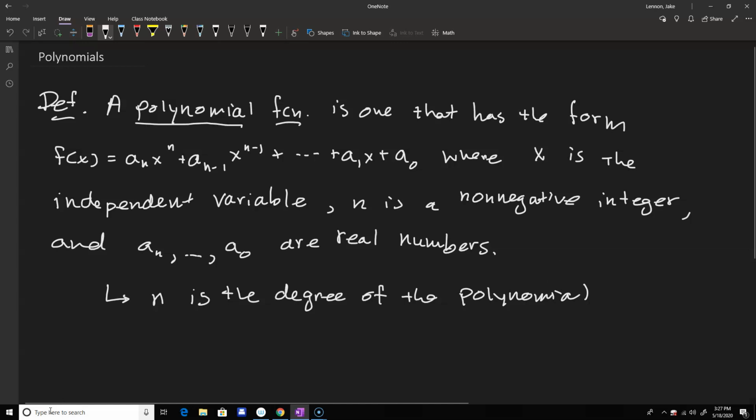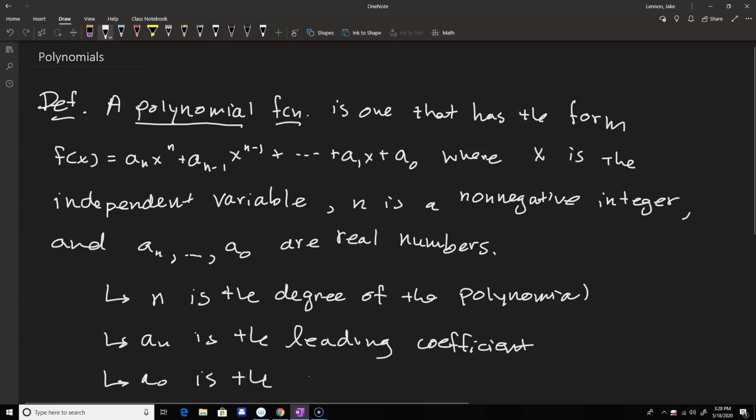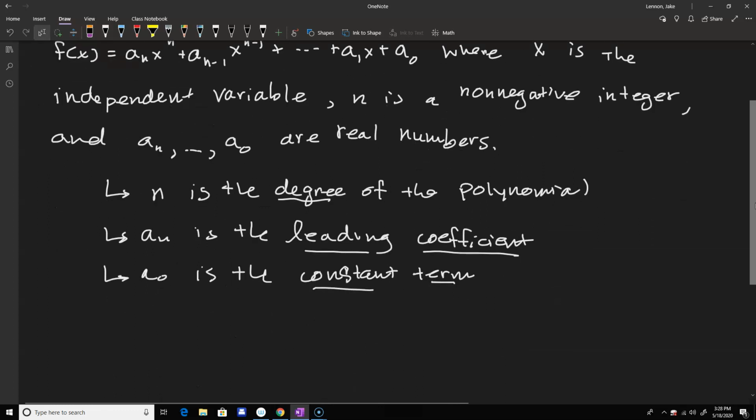A sub n is known as the leading coefficient, and a sub 0 is the constant term. So these are all things that I'll say quite regularly in terms of identifying the different coefficients of interest with regard to the polynomial.